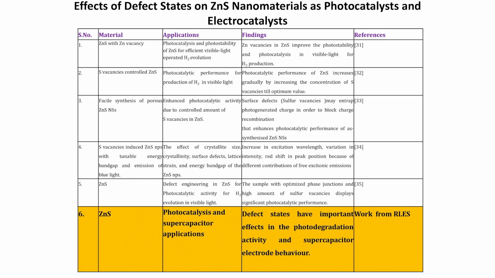RGO with ZnS for the electrocatalytic application in electrochemical caffeic acid sensor, experimental electrochemical activity produces a wide linear range of 0.015 to 61.7 micromolar.